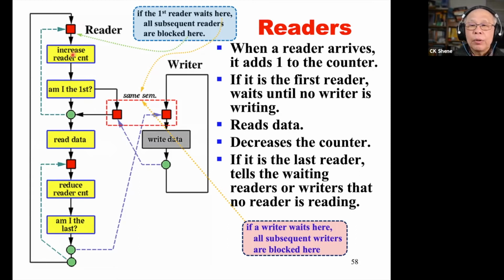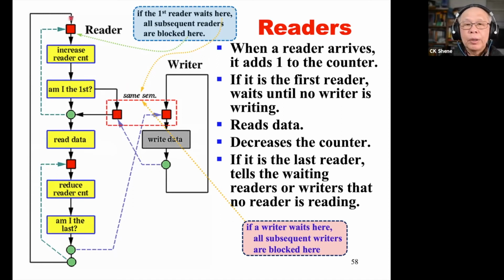So this first reader adds 1 to the count and checks to see, am I the first one? If I am the first one, then I have to check to see, is a writer writing? If there is a writer writing, I'm blocked here. So this first reader is blocked here. Now, look very carefully.